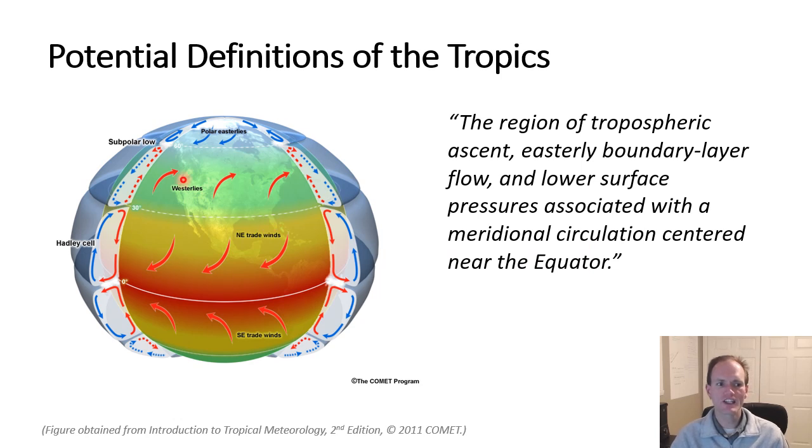So in this context, the schematic here, we have the equator, the 0 degrees latitude line depicted here. We have relatively warm conditions given by the red shading near the equator that then goes toward yellow and then eventually to green as you get to higher latitudes, indicating colder conditions further away from the equator.